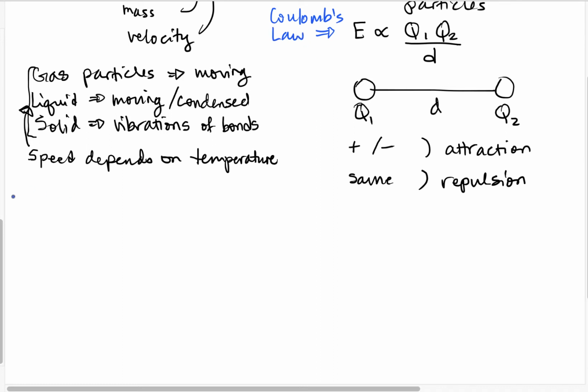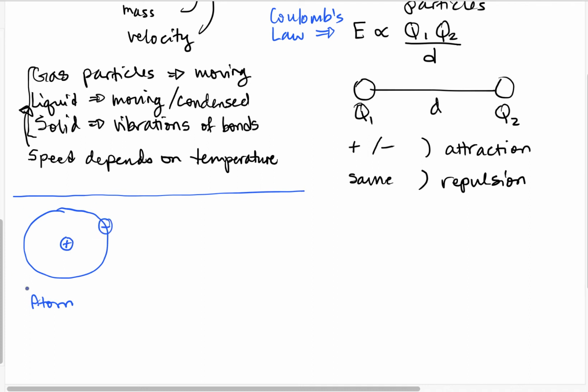What we're talking about are interactions between charged particles, which is atoms. All atoms are considered charged particles. So if we think about an atom, we model it as having a positively charged nucleus, and then negatively charged electrons outside it. And so these charges certainly are attracting each other.